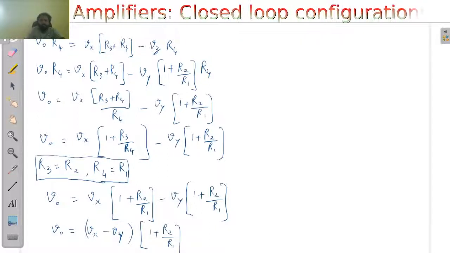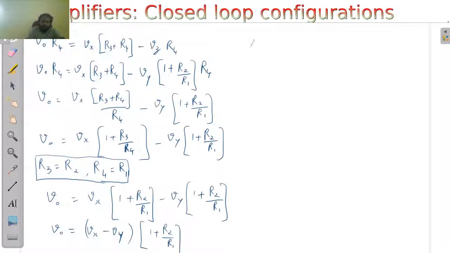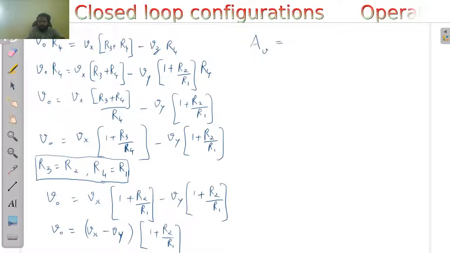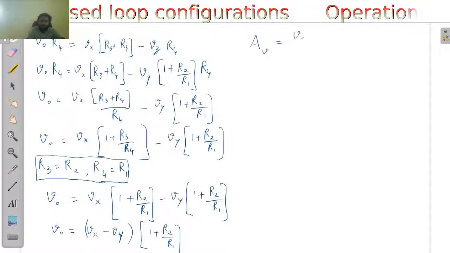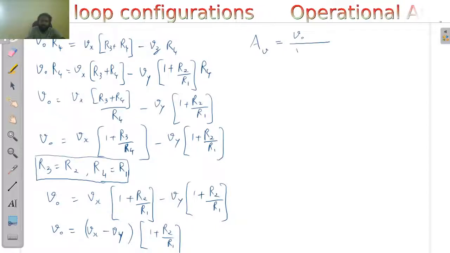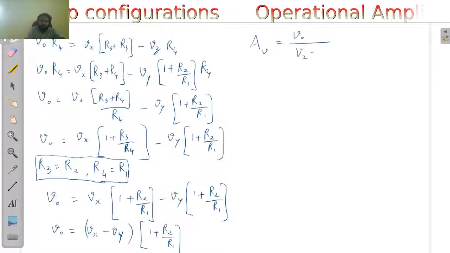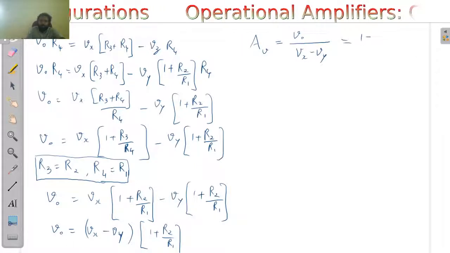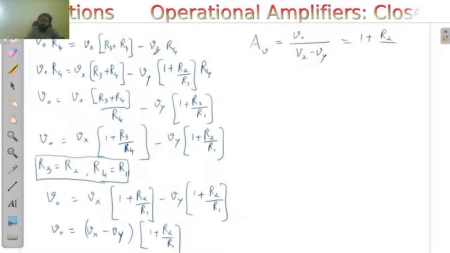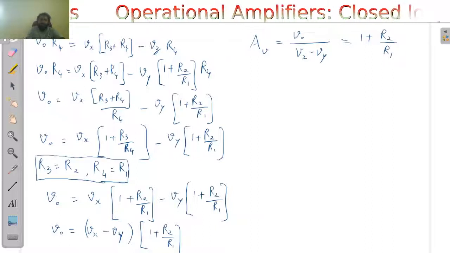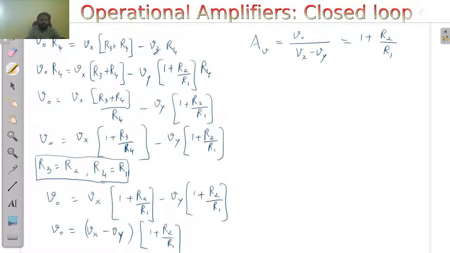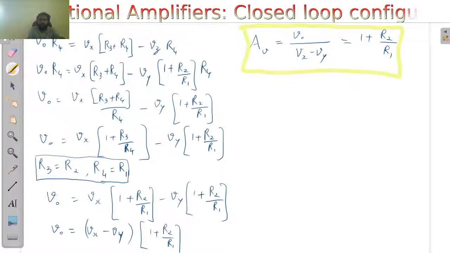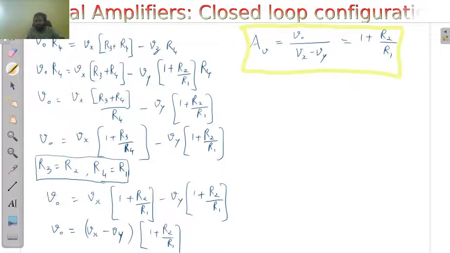This gives us the closed loop voltage gain: output voltage divided by the difference between Vx and Vy is 1 plus R2 by R1.